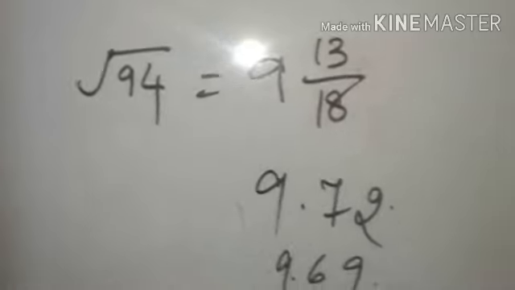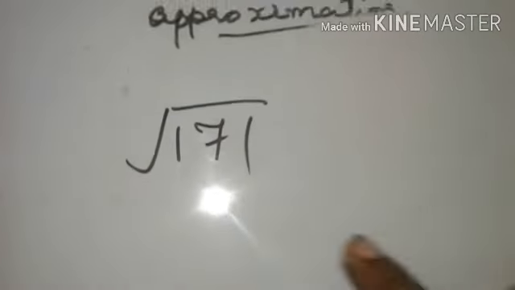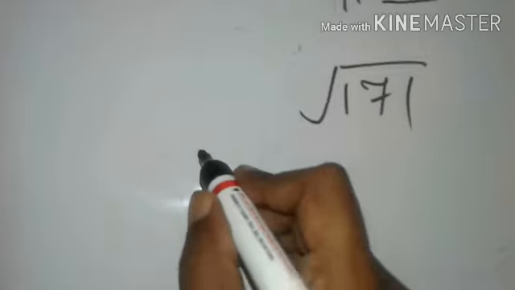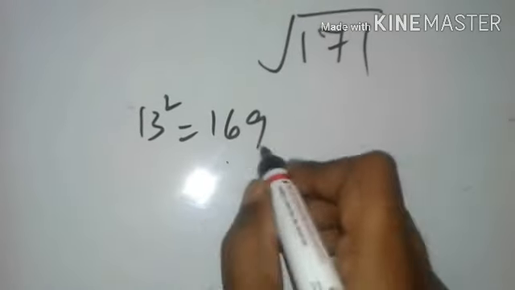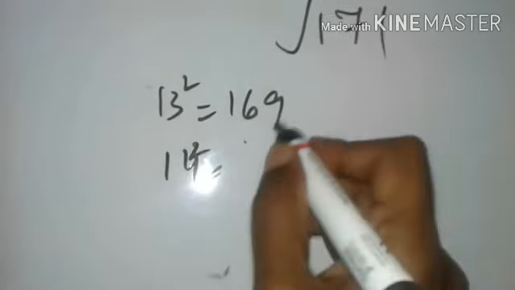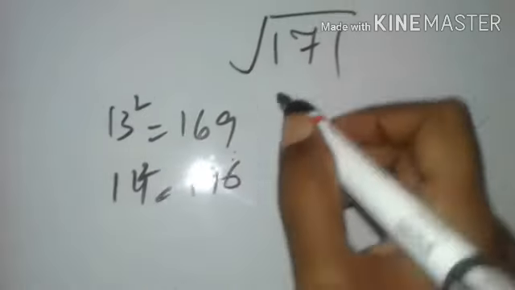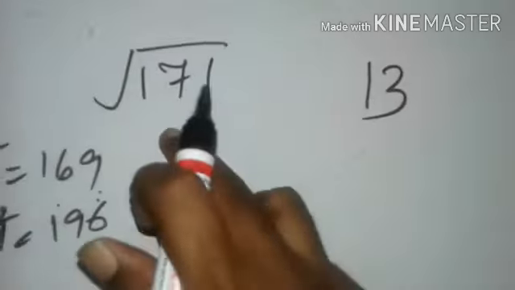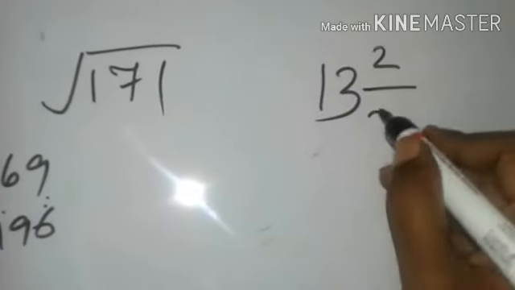Okay, now let's find the square root of 171. You know that 13 square is 169, 14 square is 196. 6 and 9 interchange for 13 and 14, remember that. 13 square is 169, so this should be 13. 169 means 2 remainder, divided by double of 13, that is 26.